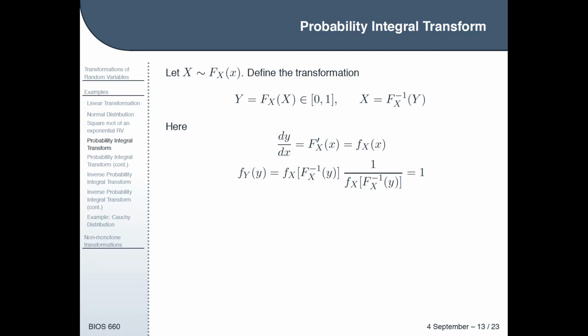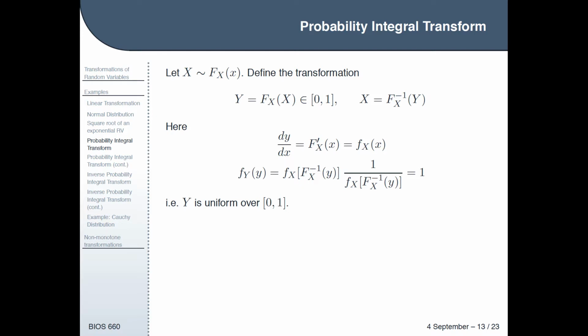So to get the density with respect to y, you take the density with respect to x evaluated at the inverse of the CDF evaluated at y, divided by the same thing, and you end up with 1.